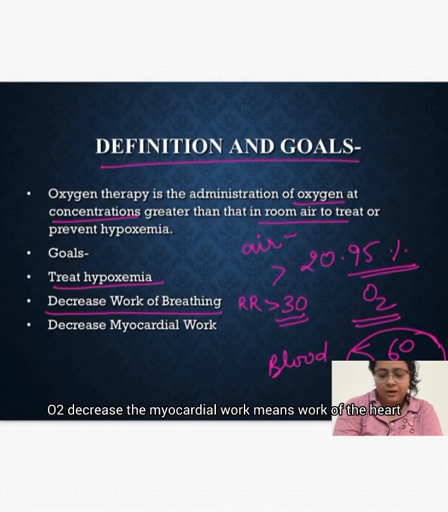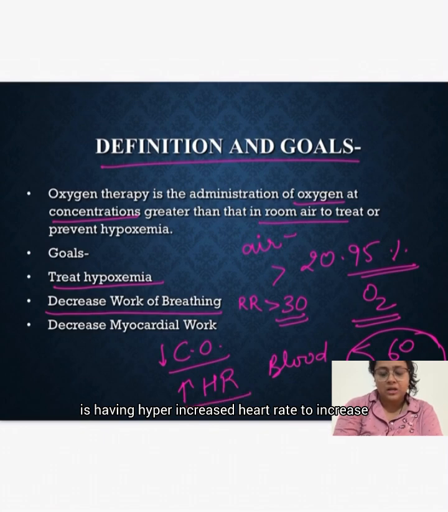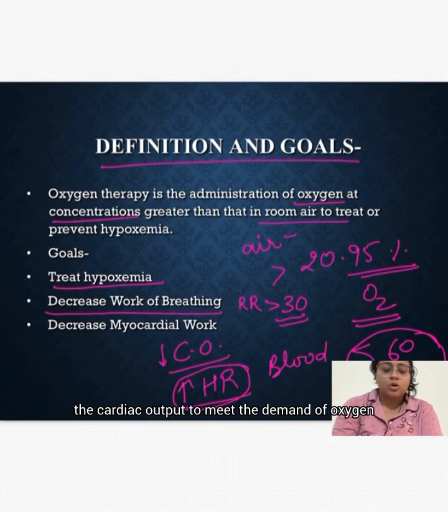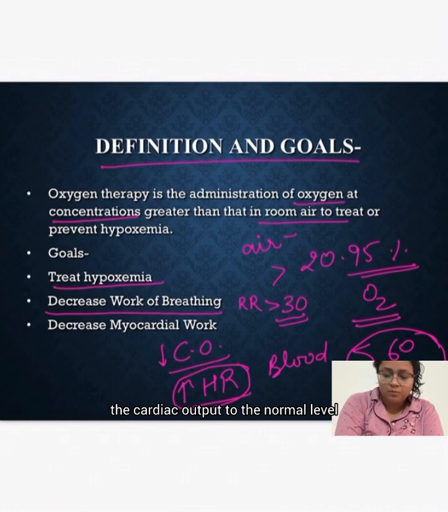Or to decrease the myocardial work, meaning the work of the heart, so cardiac output: the patient has an increased heart rate to increase the cardiac output to meet the demand of oxygen. So if we give oxygen, then the heart can decrease the cardiac output to the normal level.